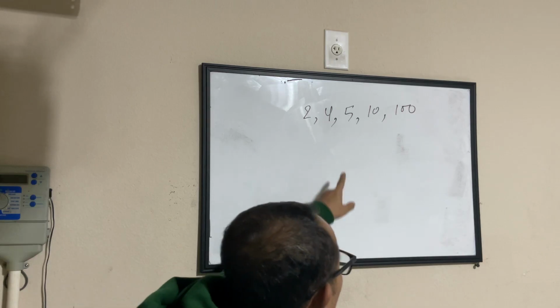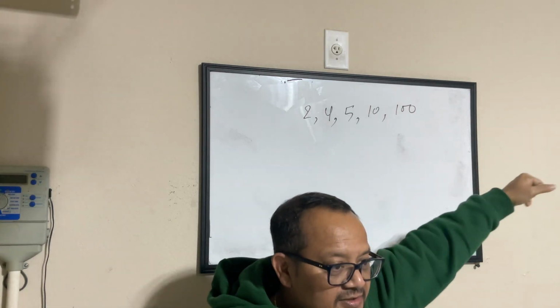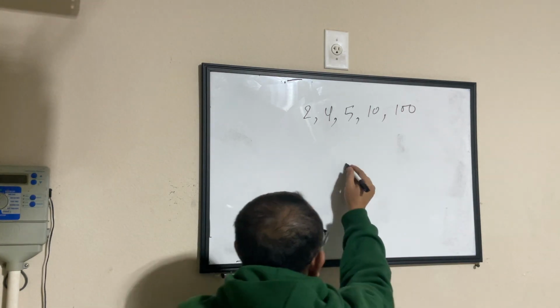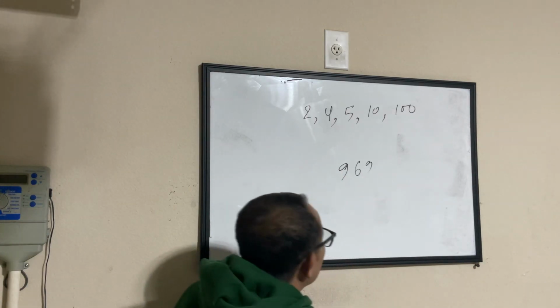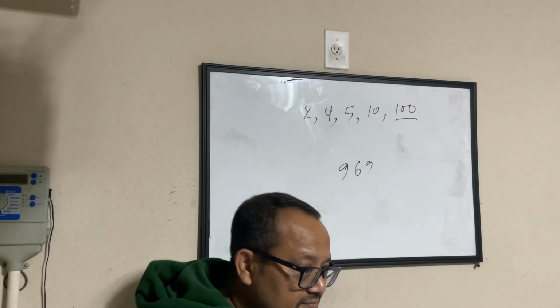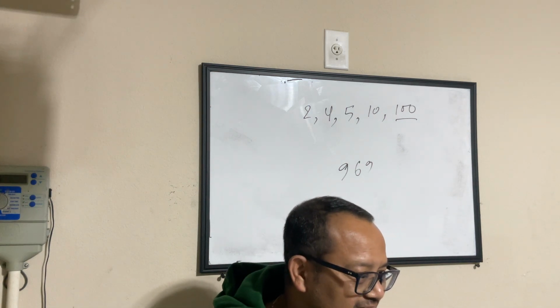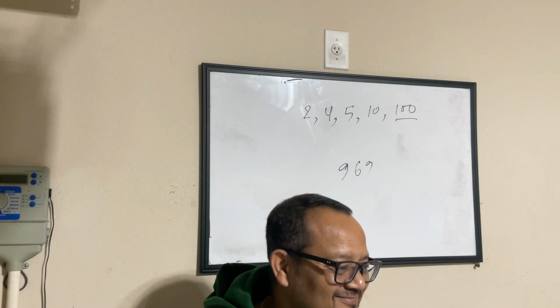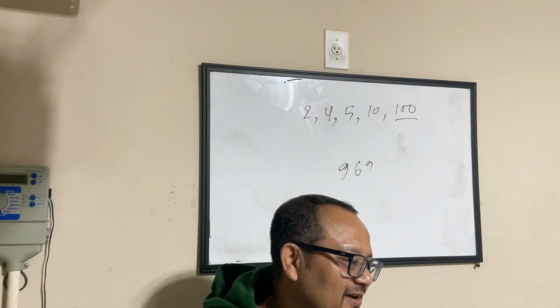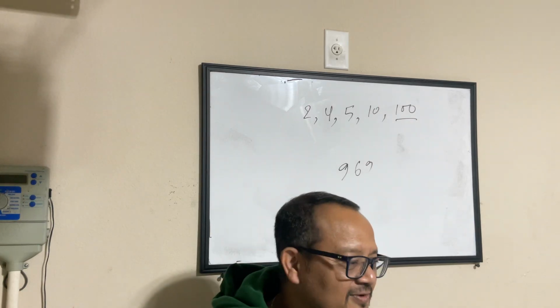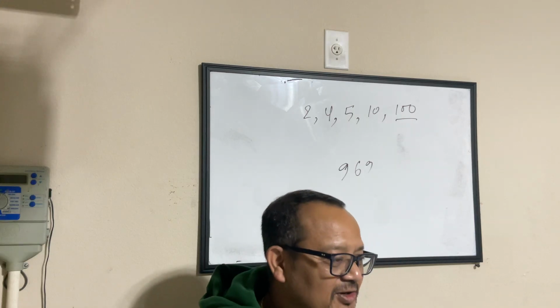How do we figure out if any number can be divided by these numbers or not? Let's say I have 969, can I divide this by 100?